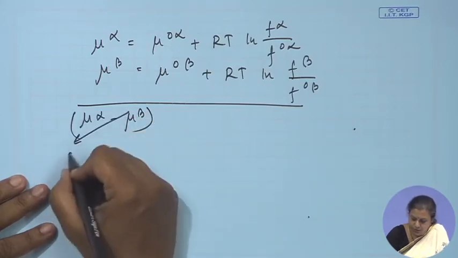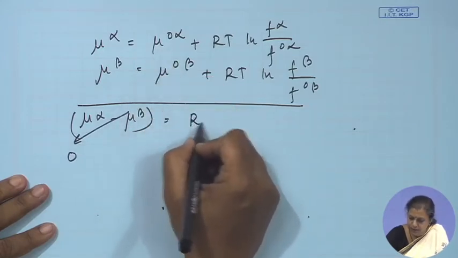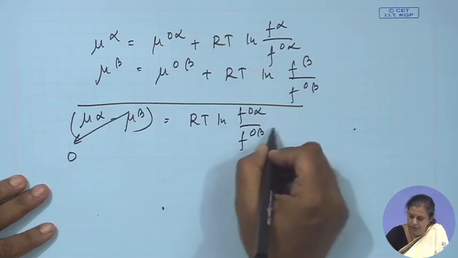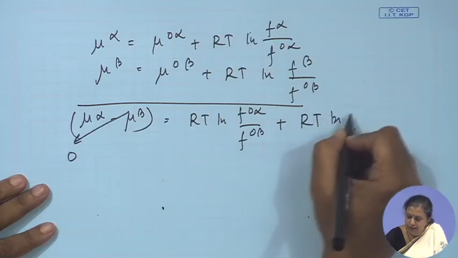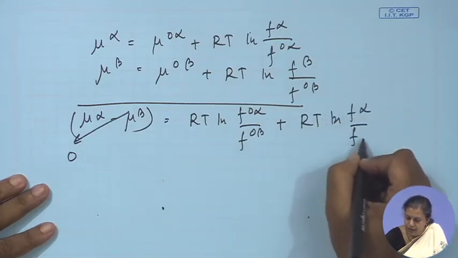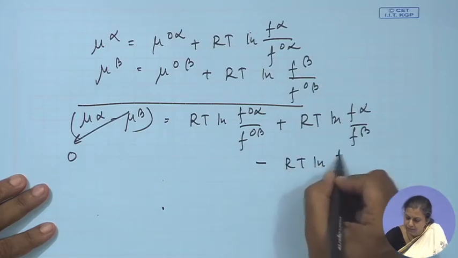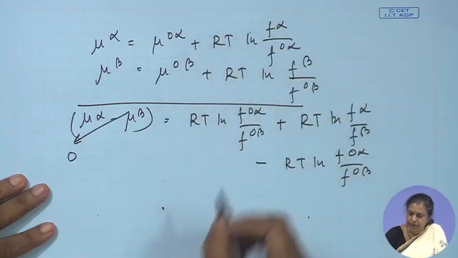Which is equal to 0, and this minus this is nothing but RT ln f 0 alpha by f 0 beta. Now, if you subtract this from this, what do we get? Can we write it down as RT ln f alpha by f beta minus RT ln f 0 alpha by f 0 beta, just rearranging this part.